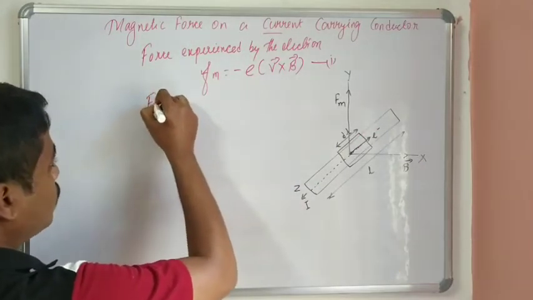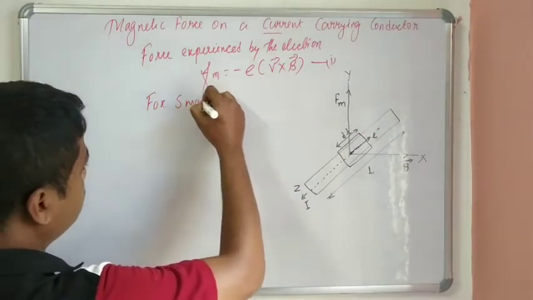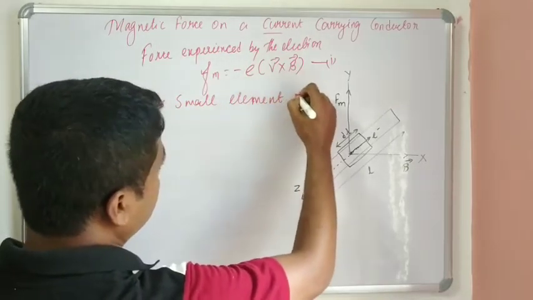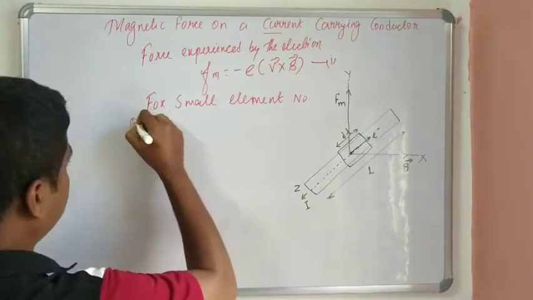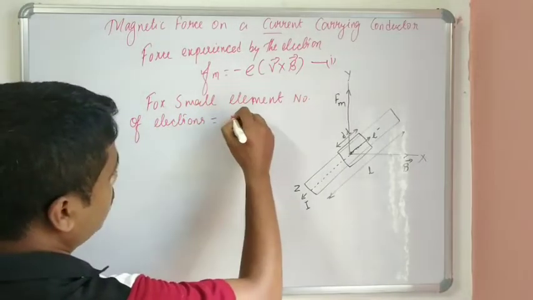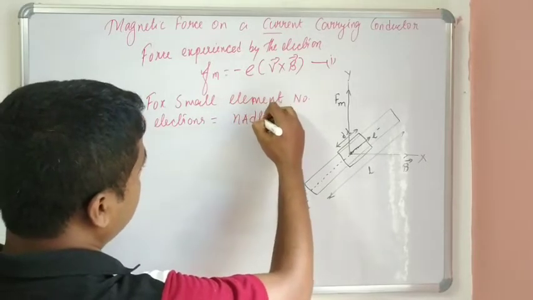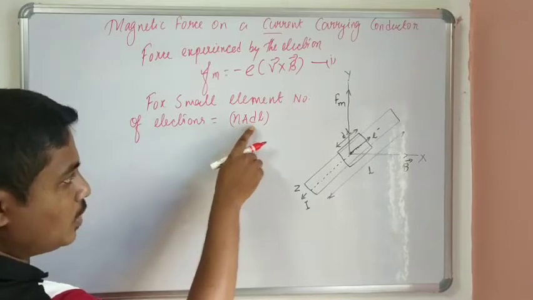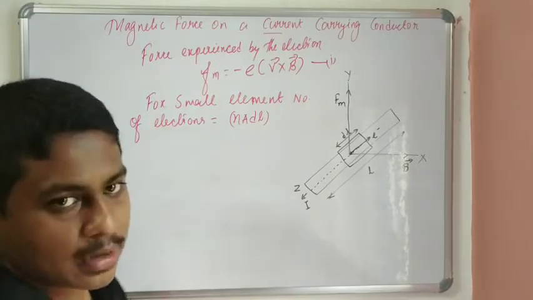So for the small element, the number of electrons will be equal to n A dl, where n is the number of electrons per unit volume, and this is your volume, A into dl.